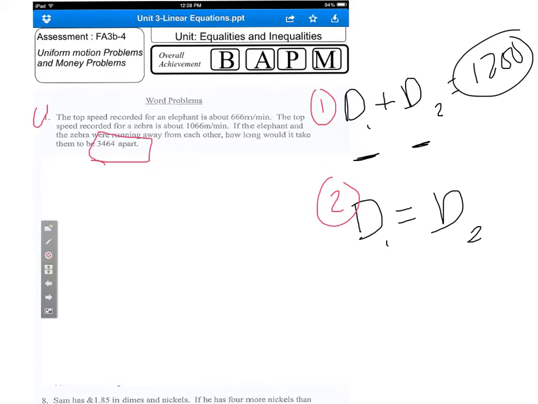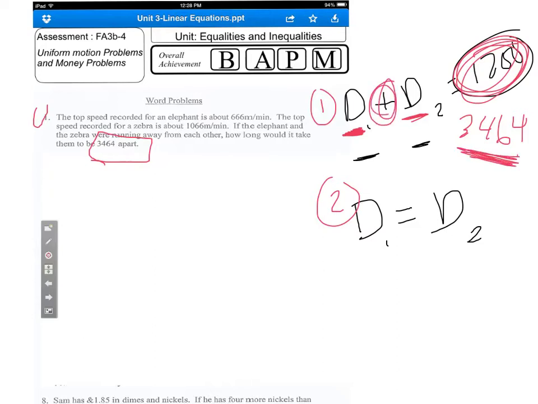So what they're asking for is, what is the distance of the elephant plus the distance of the zebra, and that would have to add up to, in this situation, 3464. They're actually going away from each other. The total distance is 3464, so we have to add the distances together to get 3464.